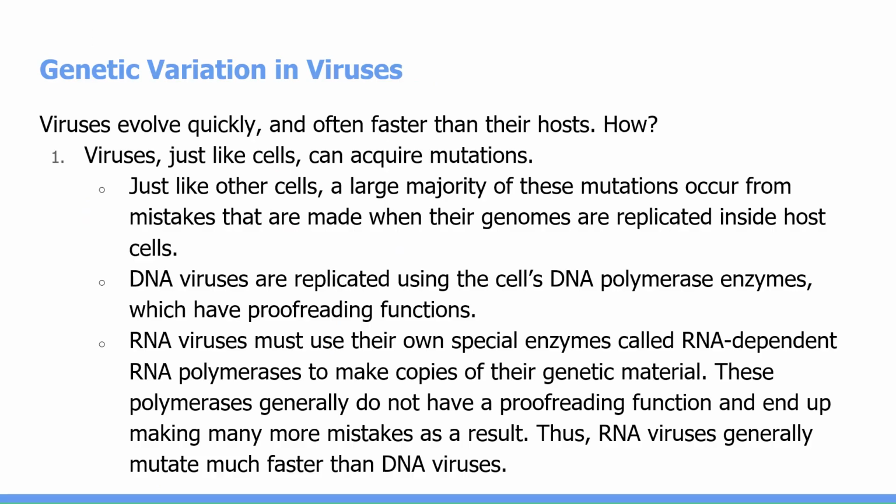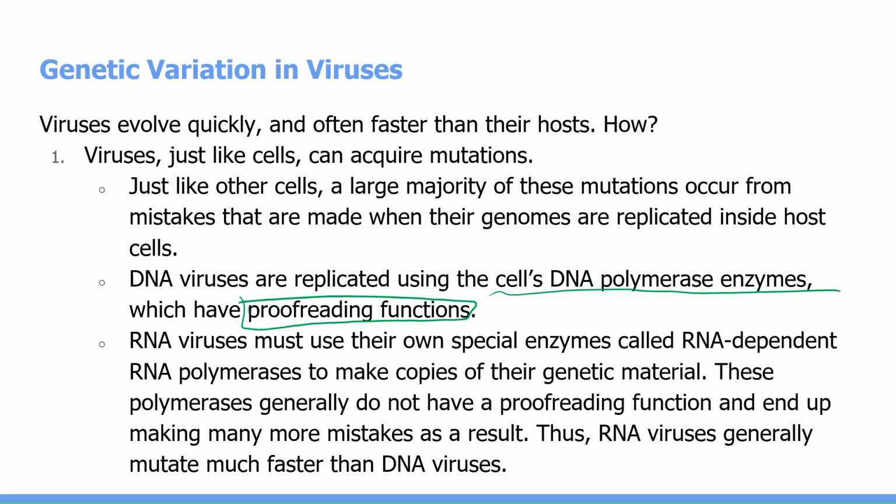So viruses evolve quickly, often faster than their hosts, but how? So first off, viruses, just like cells, can acquire mutations. And just like other cells, a large majority of these mutations occur from mistakes that are made when their genomes are replicated inside host cells. The DNA viruses, y'all, are replicated using the cell's DNA polymerase enzymes, which have proofreading function.